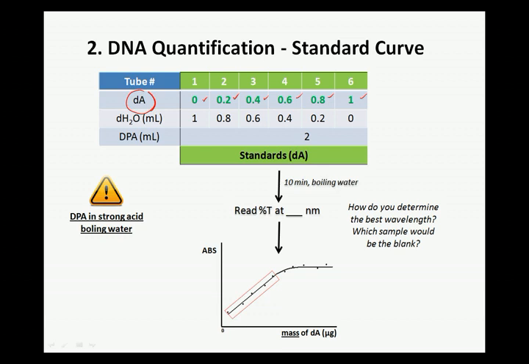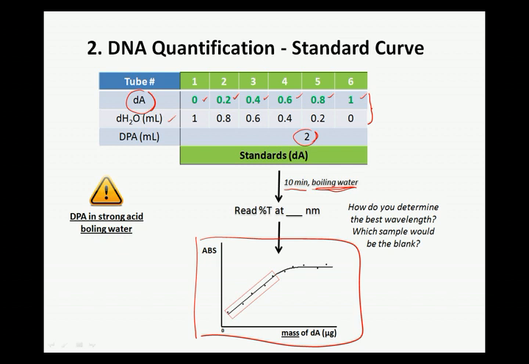Then you bring all your samples to 1 milliliter by adding distilled water, and then you combine it with the reagent, DPA, diphenylamine, by adding 2 milliliters. So these will be your standards. Once you get this to react for 10 minutes in boiling water, you can measure the absorbance of this sample and generate the standard curve you see right here.